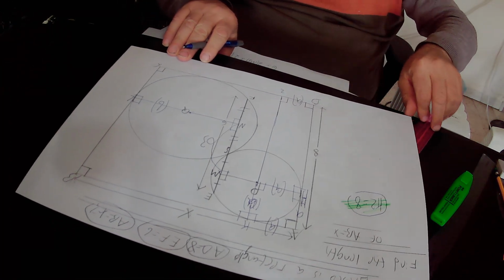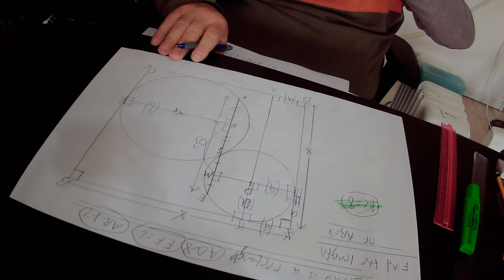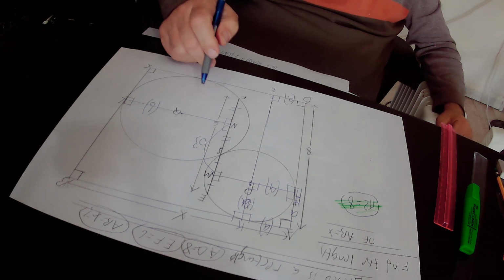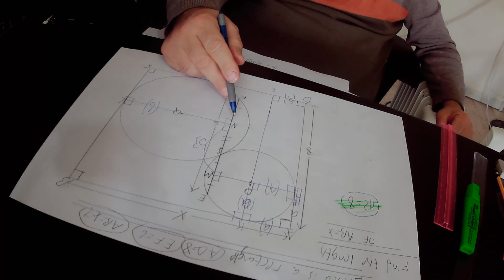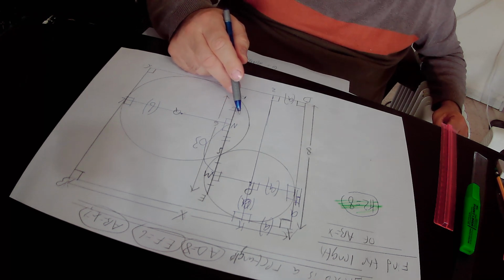In the next step, we will extend the perpendicular QN by a straight line until it touches side AD.